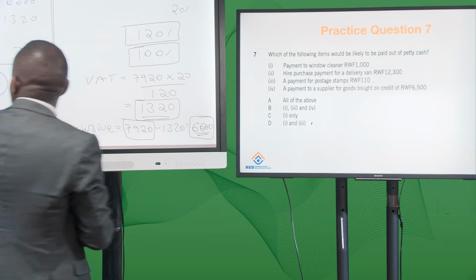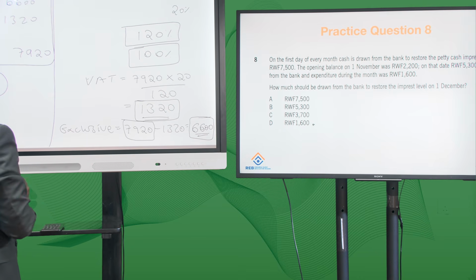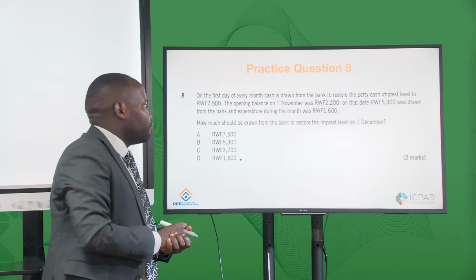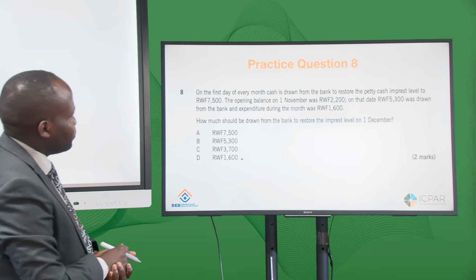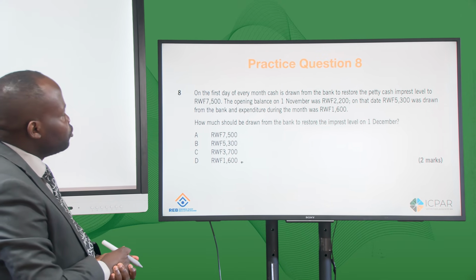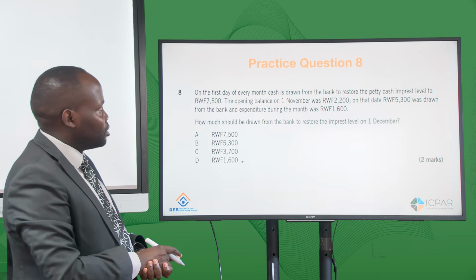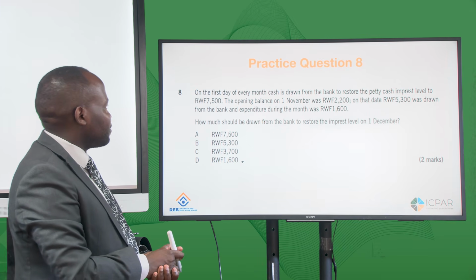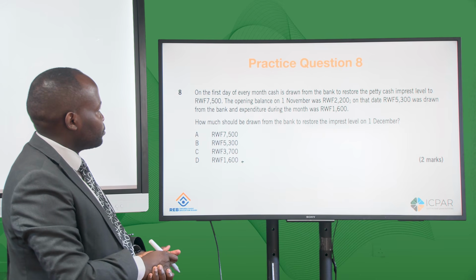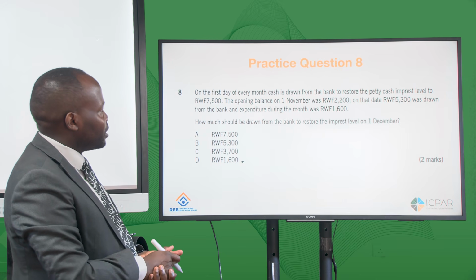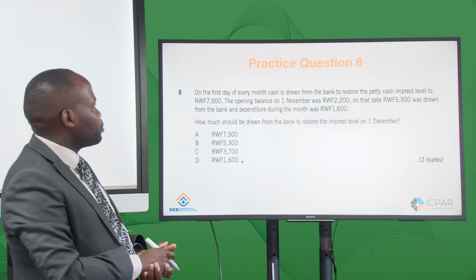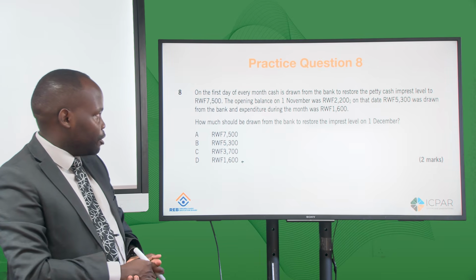The last question. Question number 8. On the first day of every month, cash is drawn from the bank to restore the petty cash imprest level to 7,500.